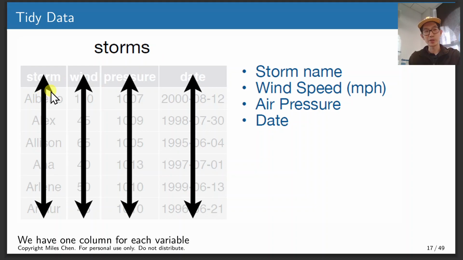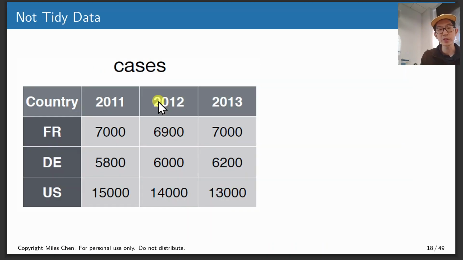Our variable names are storm name, wind speed, air pressure, and date, and when you have data in tidy form, you can do vectorized operations. Again, you might have data that looks like this, and one could argue that this is already in tidy form, but depending on what the variables are, you might want to reformat this as well. You might want to pivot this.